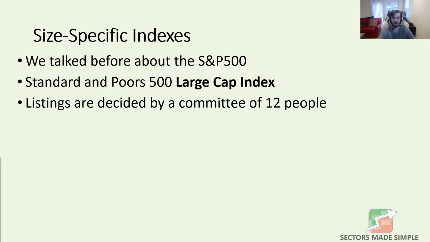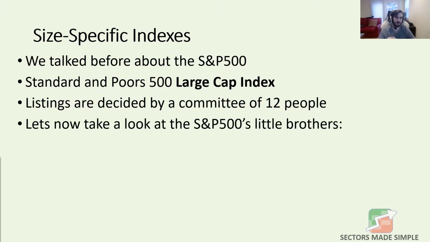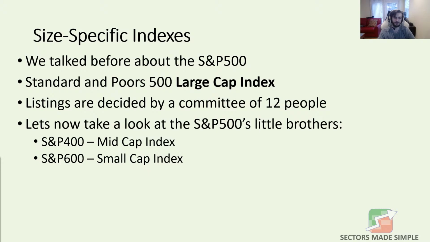It is still decided by the committee of 12 people, but let's go take a look at the S&P 500's little brothers. These are going to be the S&P 400, which is mid-cap companies or middle capitalization companies, and then the S&P 600, which is 600 small capitalization companies. And then we'll also take a look a little bit more after that.